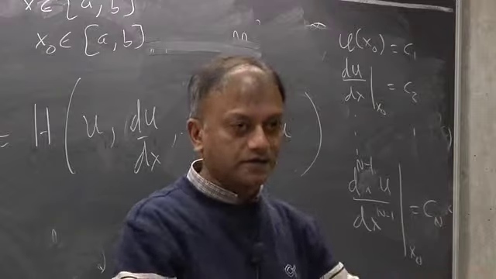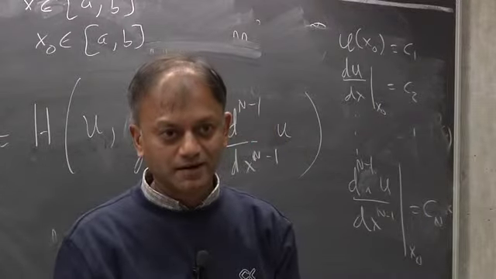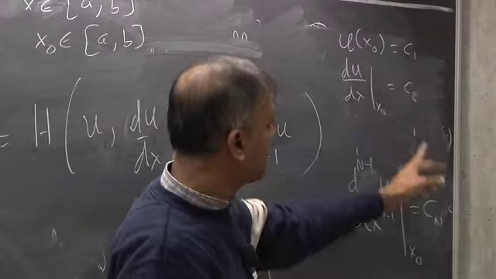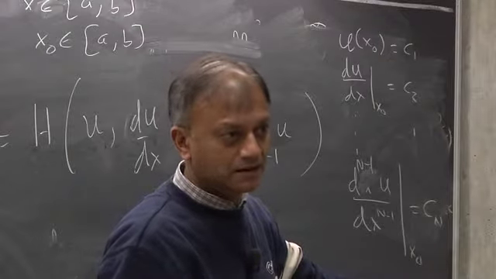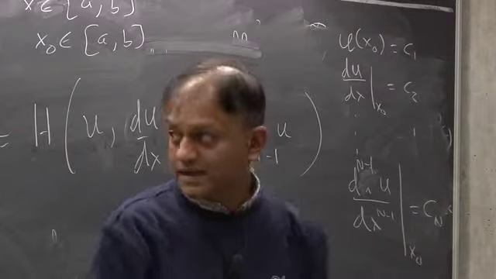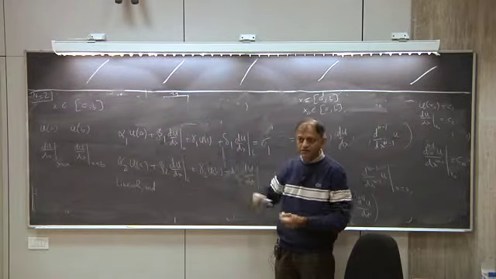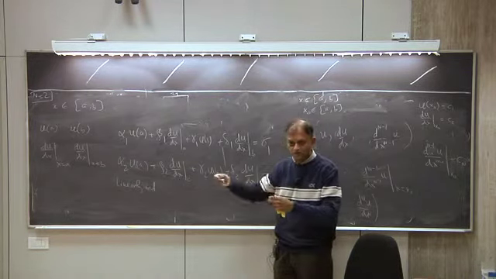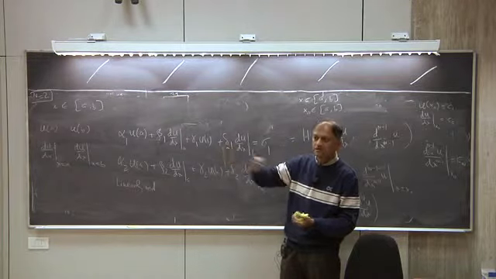Now, if you change these numbers, you'll get another solution, right? In fact, the number of solutions is parameterized by these n numbers. So there are many different solutions to a differential equation. For each choice of boundary condition, you'll get one solution, right? In this language, that's what it means. But if you change the choice of boundary condition, you'll get another solution.